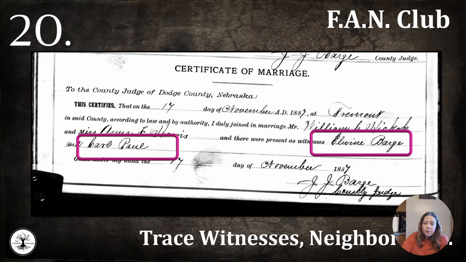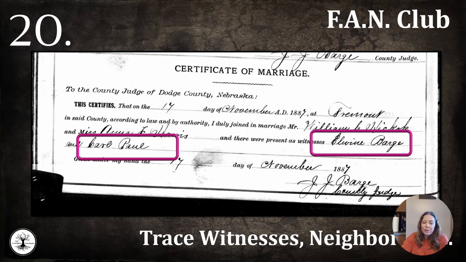Let's talk about a research strategy called the FAN Club: friends, associates, and neighbors. This is where you research the people that show up on your ancestors' records as witnesses or as somebody signing for a marriage bond or somebody as a witness to a land deed, and see if you can find a relationship or if everybody came from the same original place in England or something like that.